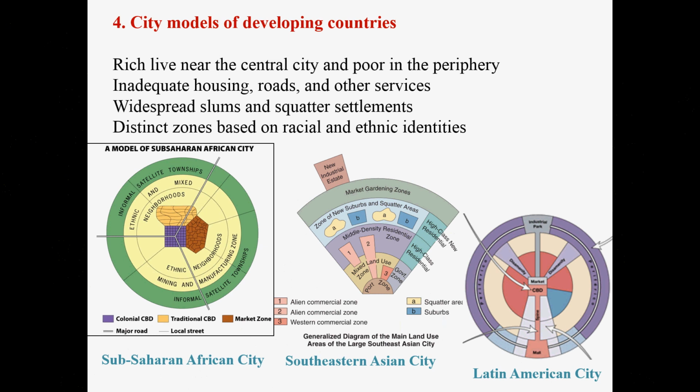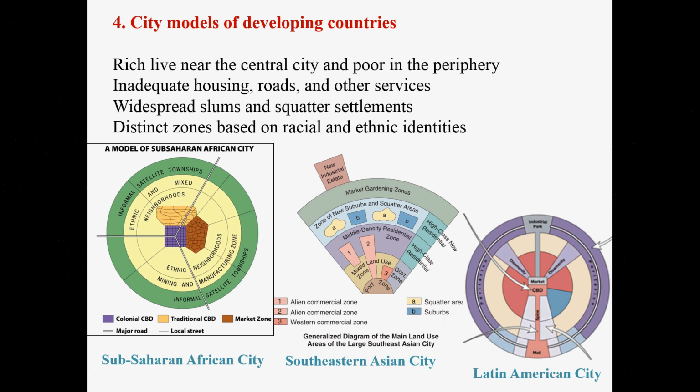Also, you have widespread slum and squatter settlements, especially at the edge of the city. In addition, there are distinct zones based upon racial and ethnic identities. Many developing countries have a colonial experience.